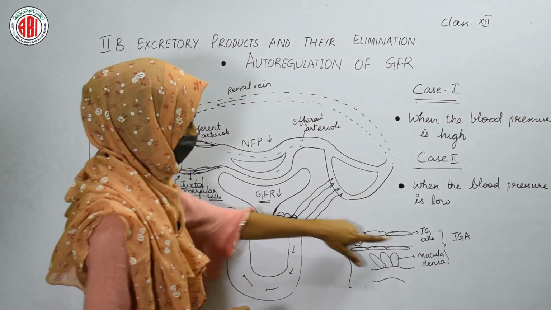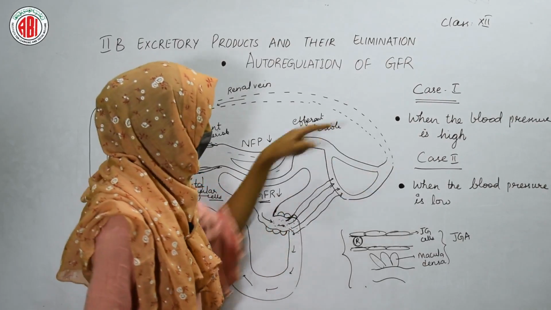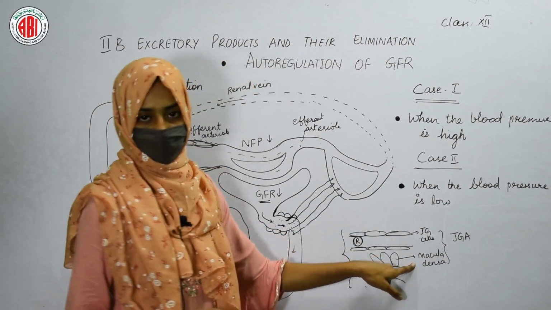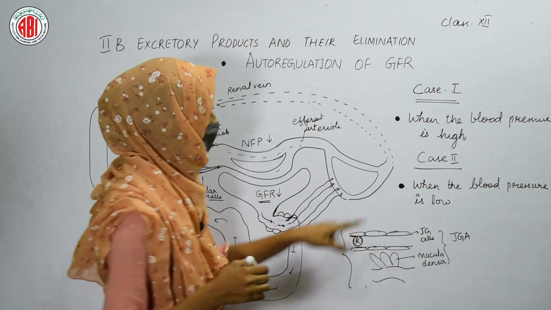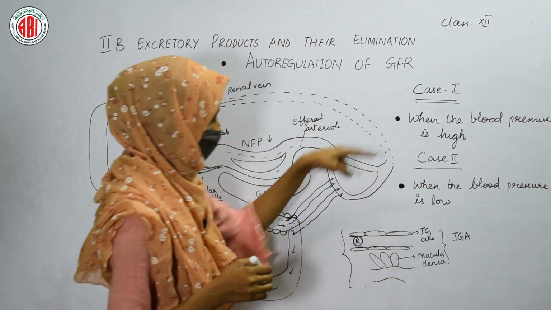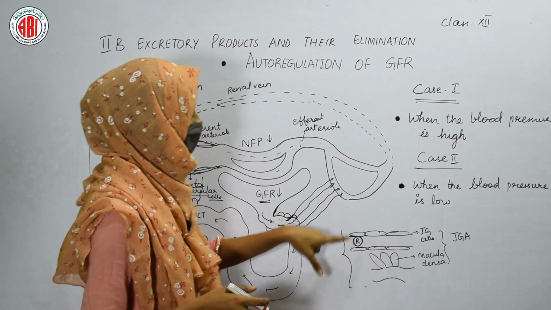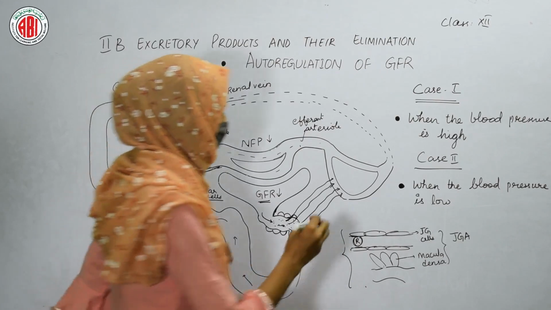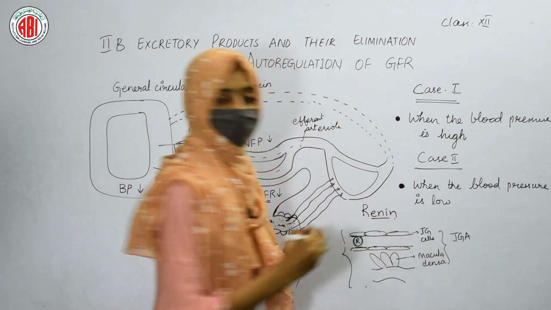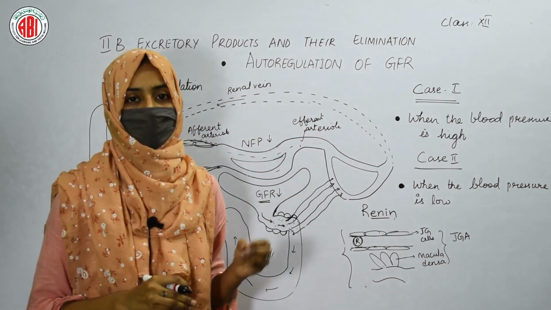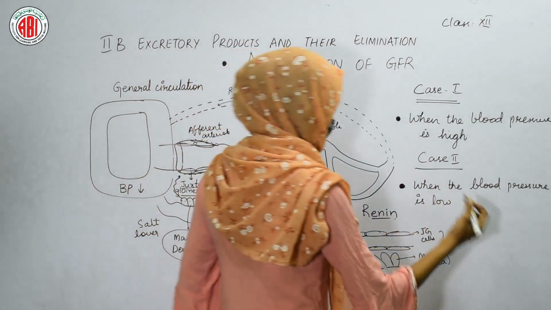Here the diagram is given. This is our efferent arteriole, and here the juxtaglomerular JG cells are present. This is our macula densa, which is found in the DCT, distal convoluted tubule. This macula densa sends signals to the JG cells. Once the signals are received by the JG cells, they release a chemical called renin, and here renin is with single N. I am not explaining about the digestive enzyme, that is rennin, which is another one found in our stomach.